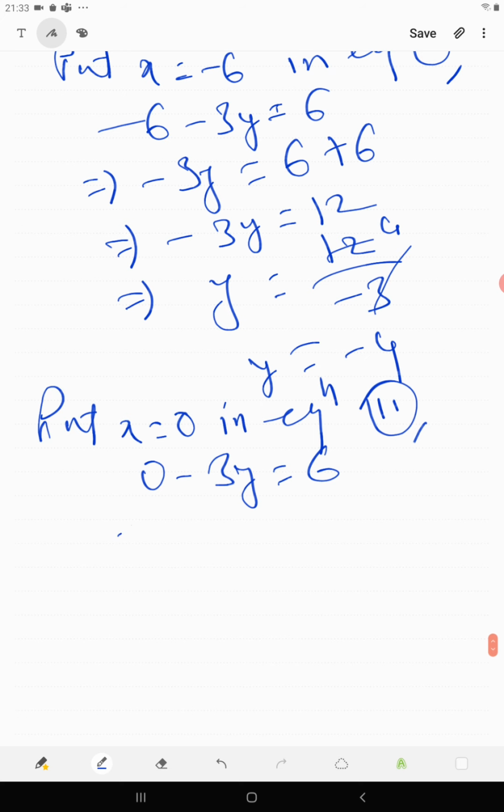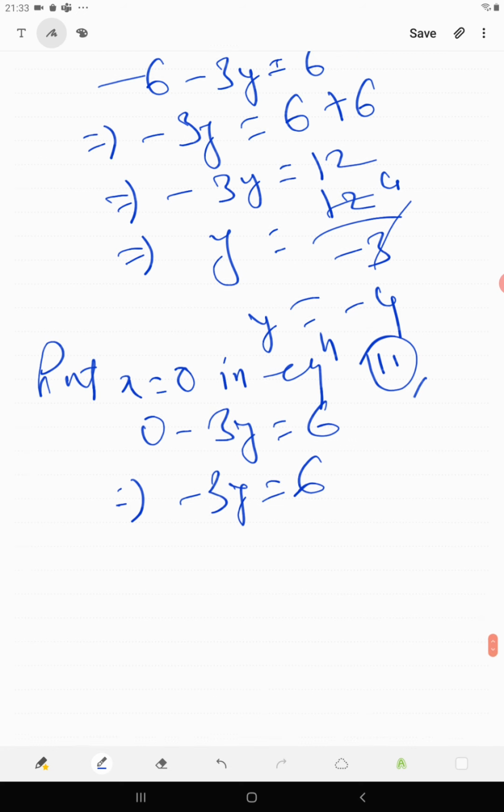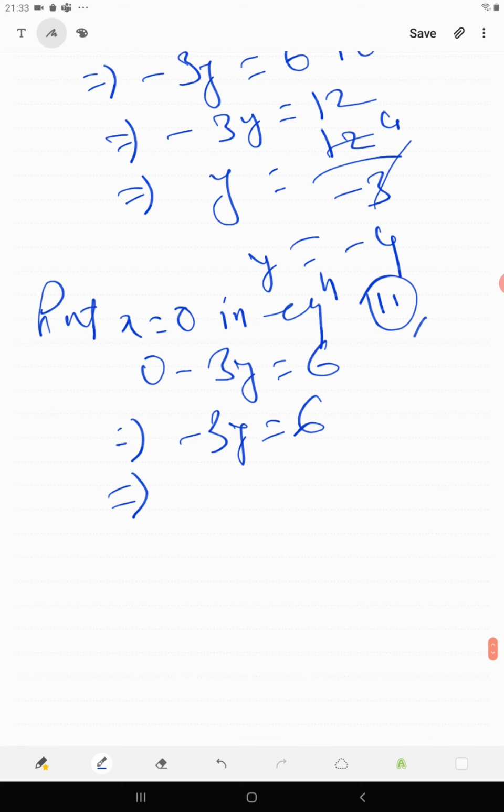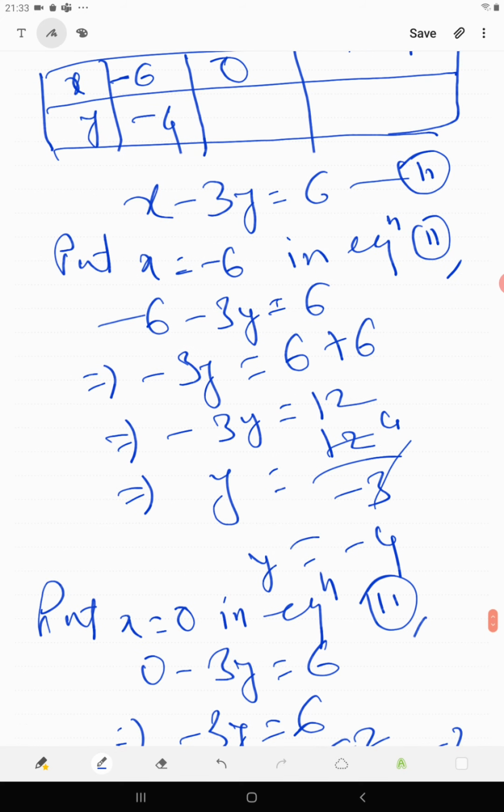So 0 doesn't hold any value, because anything added or subtracted with 0 is the same thing. So minus 3y equals 6. So y equals 6 by minus 3. Same way, minus 3 is multiplied with y, so it will be divided in the right hand side. 3 2s are 6, so 2 divided by minus 1 is nothing but minus 2. So we got y as minus 2.